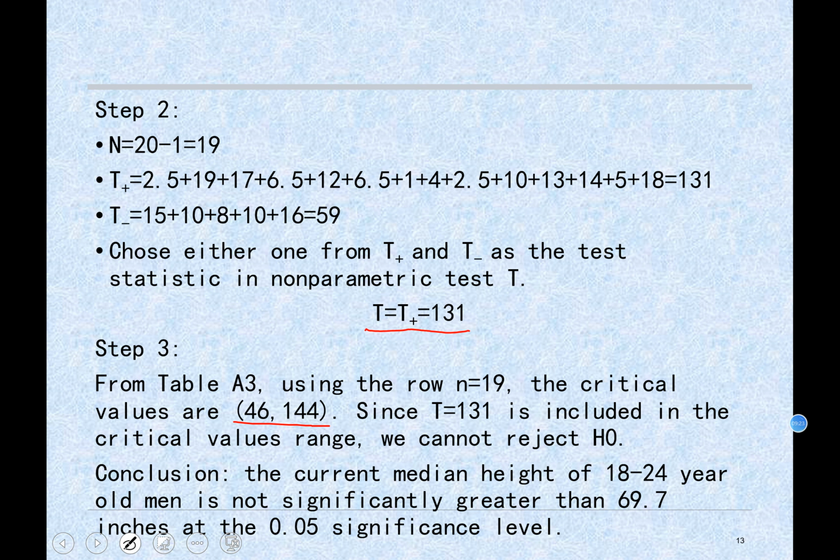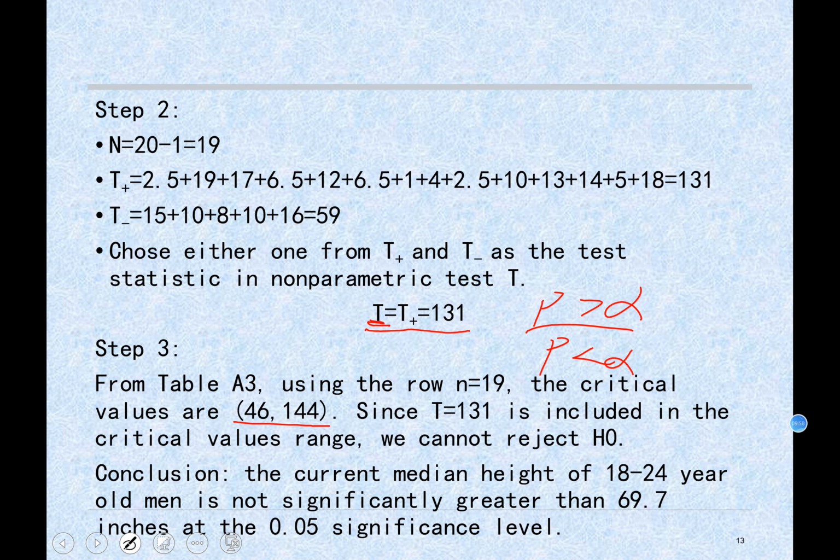If the test statistic is located inside the range, that means the p-value is bigger than alpha. Please remember that. If the test statistic is inside the range, that means p is bigger than alpha. But if the T value is outside that range, that means p is less than alpha.